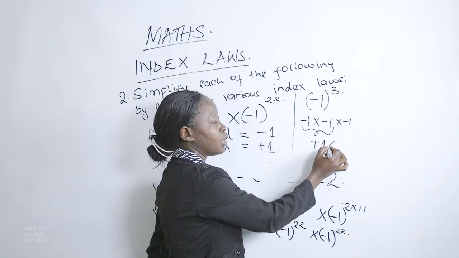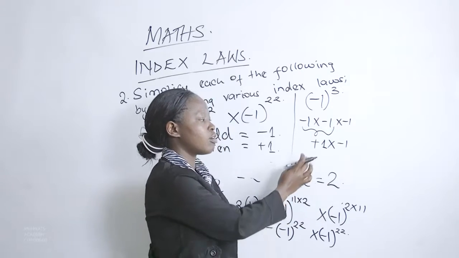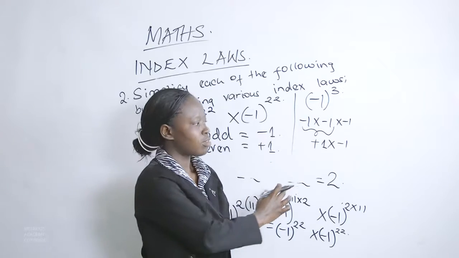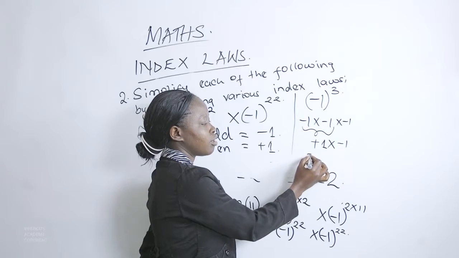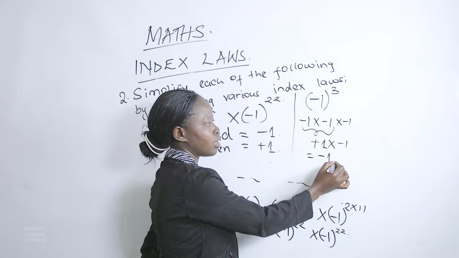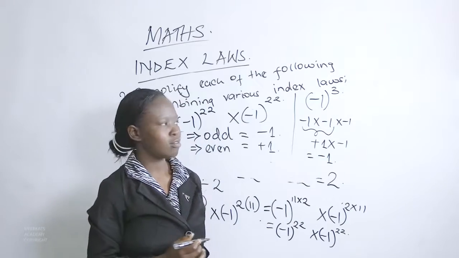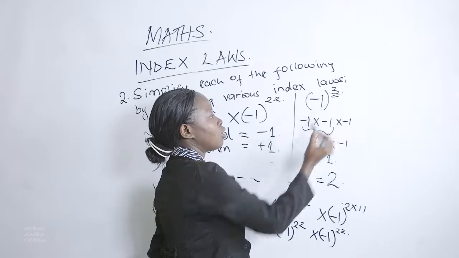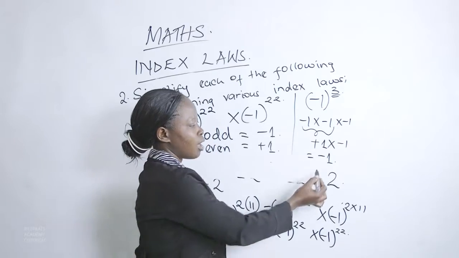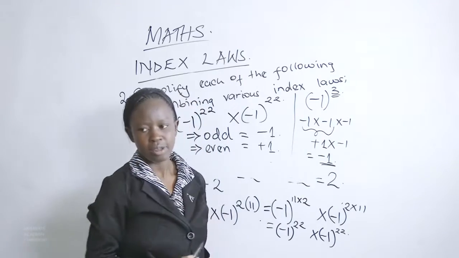Combining with the remaining negative 1, a positive number times a negative number gives a negative number, which is negative 1. So when your power is an odd number, our answer will be negative 1.